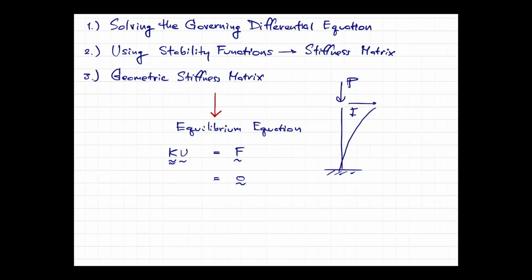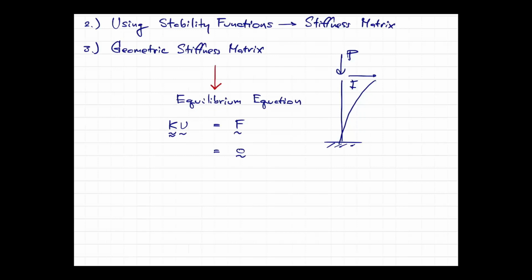It just goes without applying any load. It just goes out of the straightness. Okay, so this is buckling. Essentially, on the right hand side force vector, you have nothing there. You have nothing, but your U is non-zero.